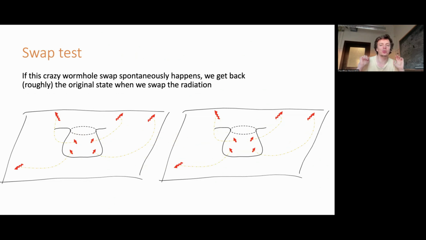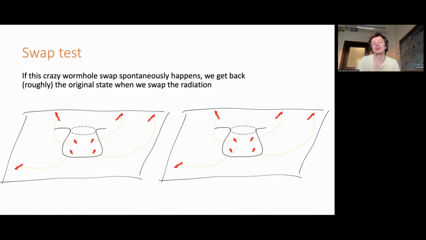So this is some crazy, wacky process that is highly suppressed. It's like some instanton process happening in a field theory or something that has tiny, exponentially small probability of happening, but it can happen. And if it happens, then you'll notice that now our state, after we both swap the radiation and this crazy dynamical space-time wormhole randomly swaps the interiors, looks pretty much like the state we started with.